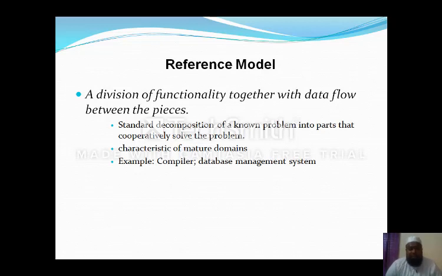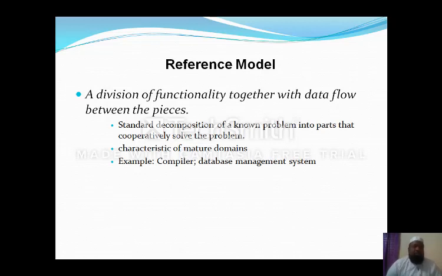Division of functionality means whatever functionality you are going to develop, you divide the whole functionality into various modules, with a data flow among the modules or elements, the software elements. So a reference model is not the architecture. A reference model helps us to develop a particular software architecture.